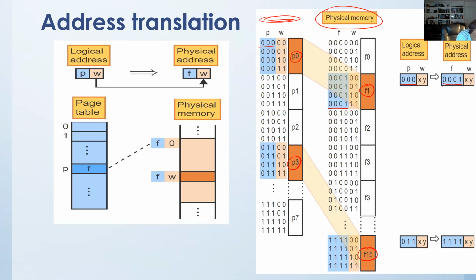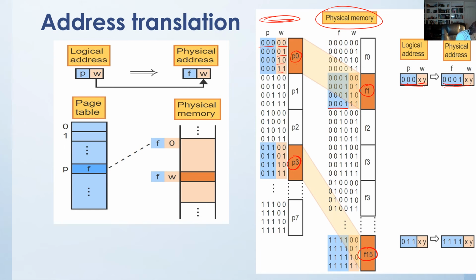The actual memory depends on the offset. If the offset is XY, the logical address 000XY maps to 0001XY. X could be 0 or 1, and Y could be 0 or 1, which represent the different offset values.